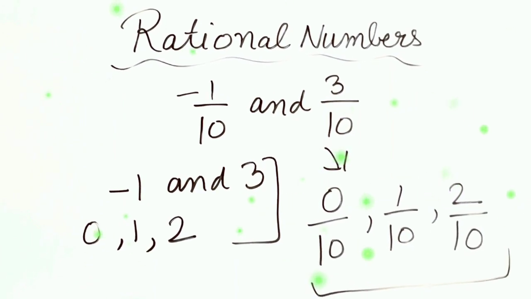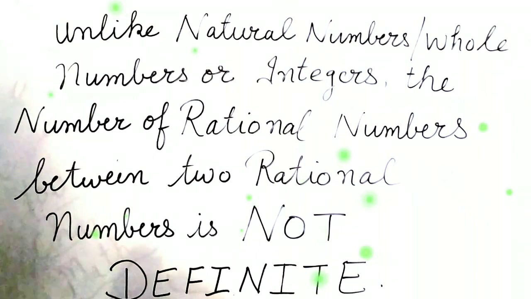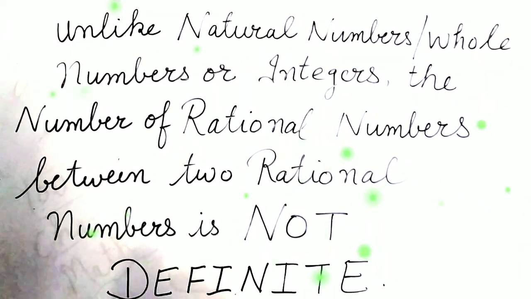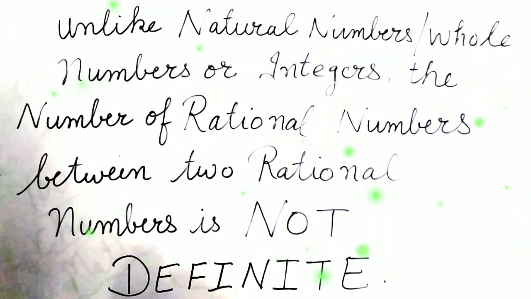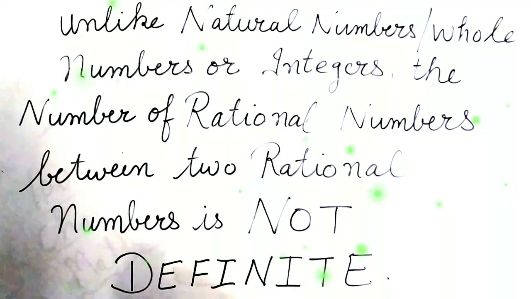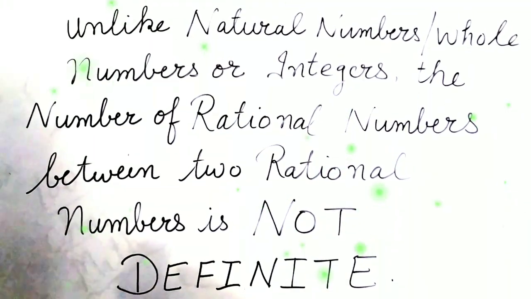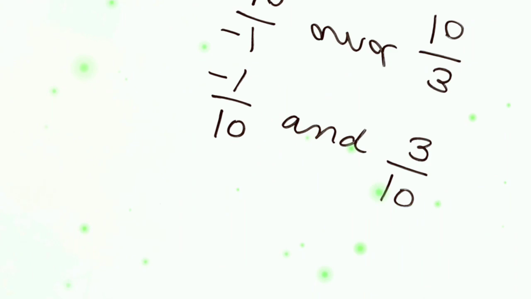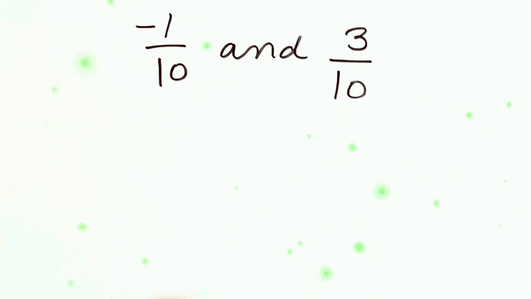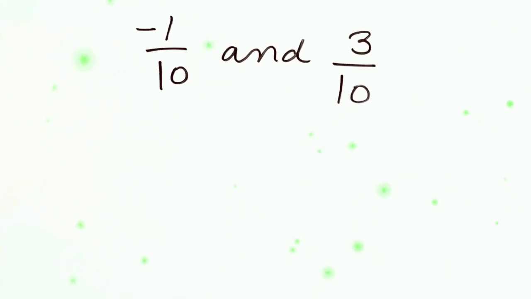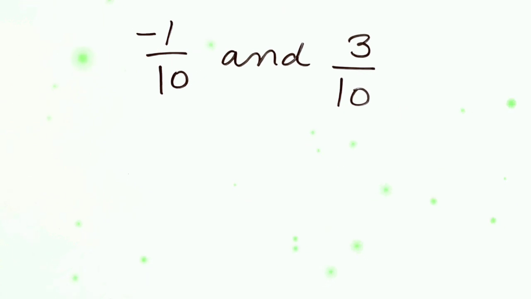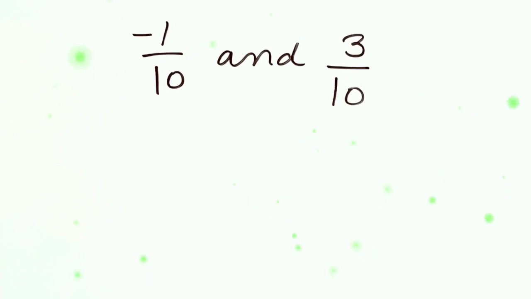Let me repeat it one more time. Unlike natural numbers, whole numbers or integers, the number of rational numbers between two rational numbers is not definite, which we will see further. So suppose we have -1/10 and 3/10 again, and we don't want to find 3 numbers, we want to find at least 10 numbers between them.